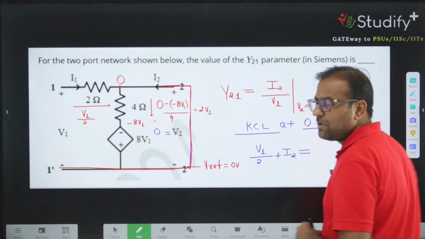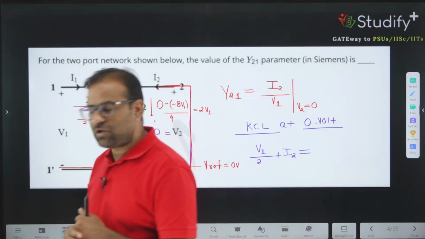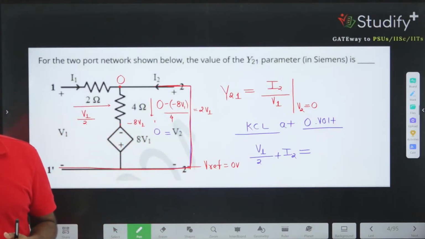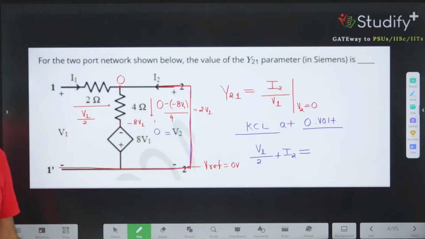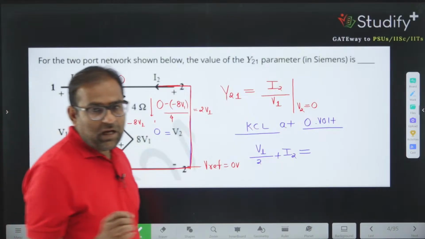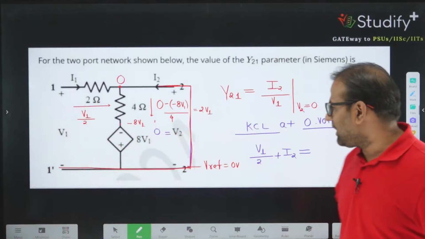Because I am only interested in the ratio of I2 by V1, I will not involve any other parameter in my discussion.